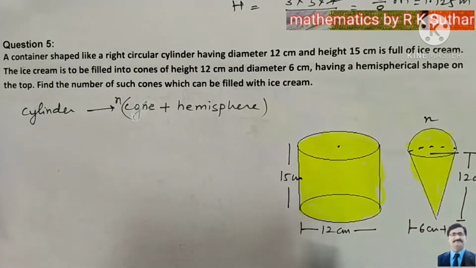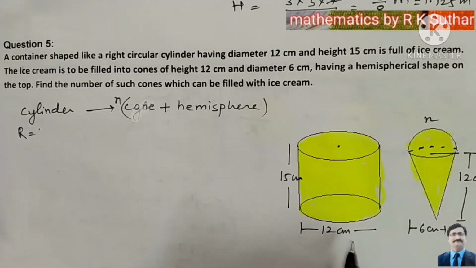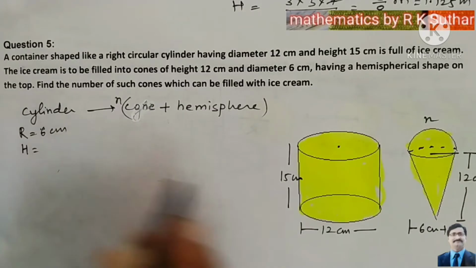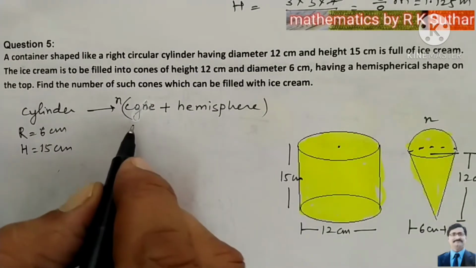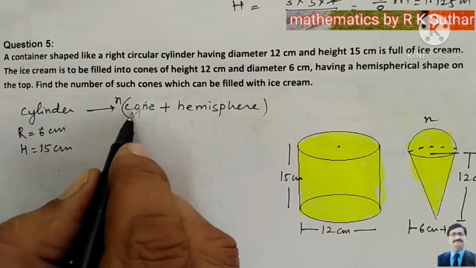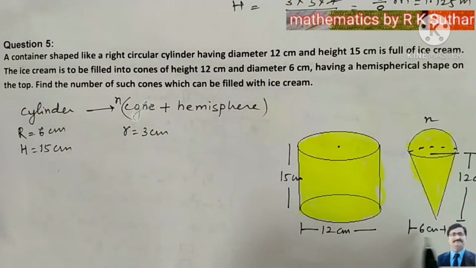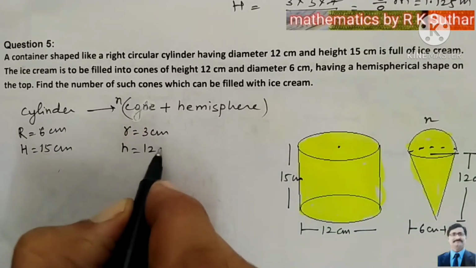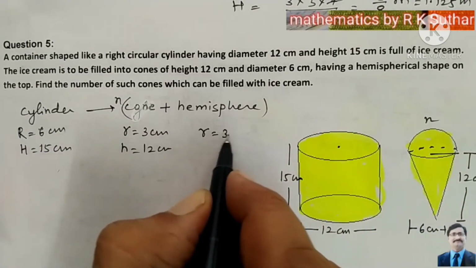The radius of the cylinder we write as capital R. This is the 12 diameter, so the radius is 6 centimeter, and the height we write as capital H, that is 15 centimeter. And look here, these are n we have. The cone radius is 3 centimeter, sorry, this is the cone radius 3 centimeter. The height we write as small h, this is 12 centimeter, and the radius of the hemisphere is also 3 centimeter.